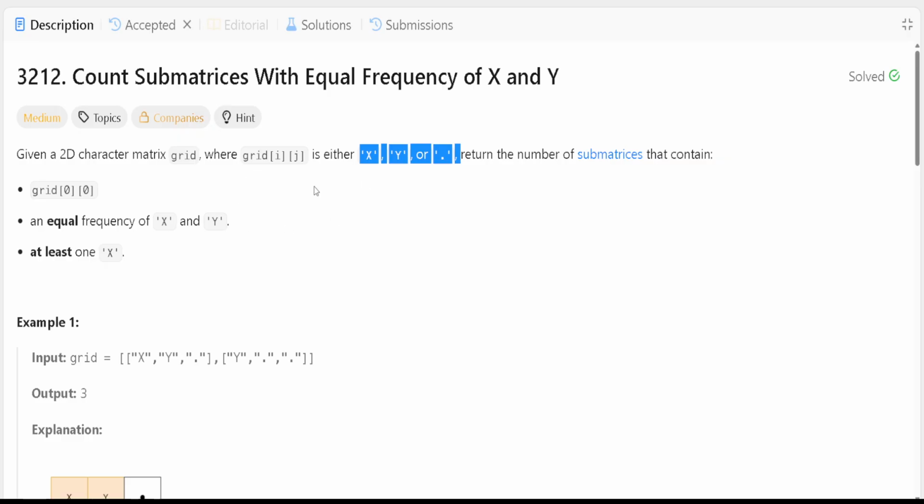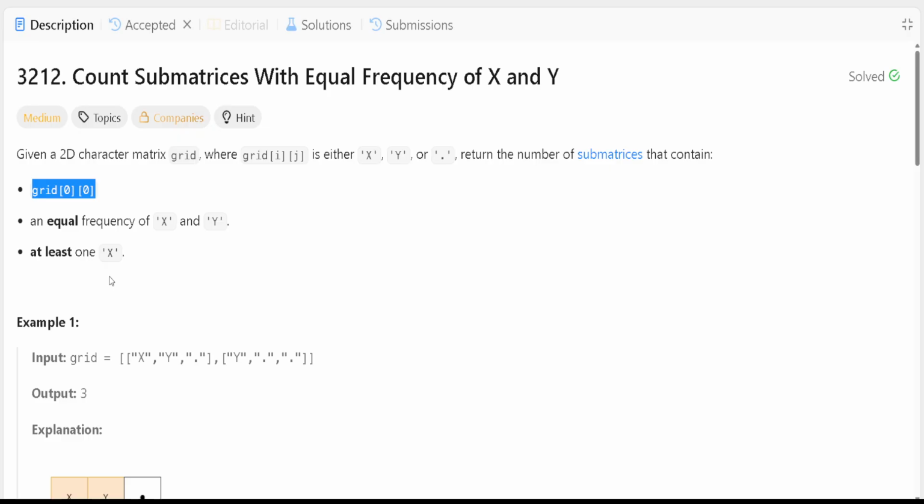Our task is to count how many submatrices have an equal number of x and y, and contain at least one x. And the most important thing is that it should start from the grid cell 0 0, the origin. That line is the game changer.